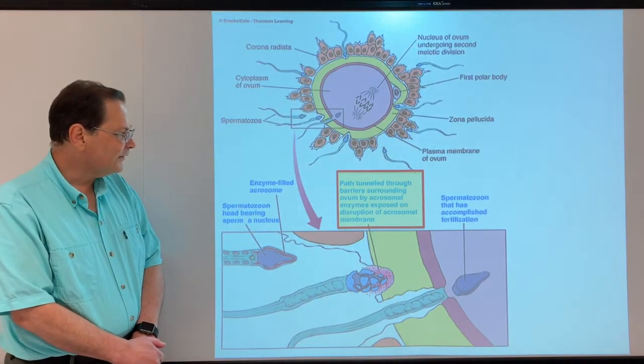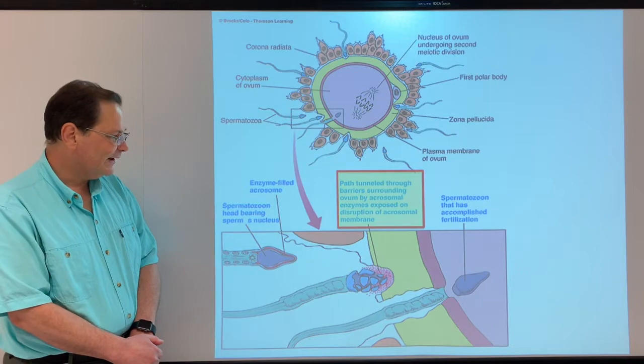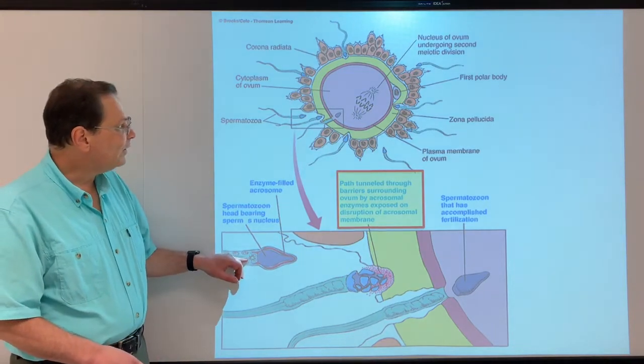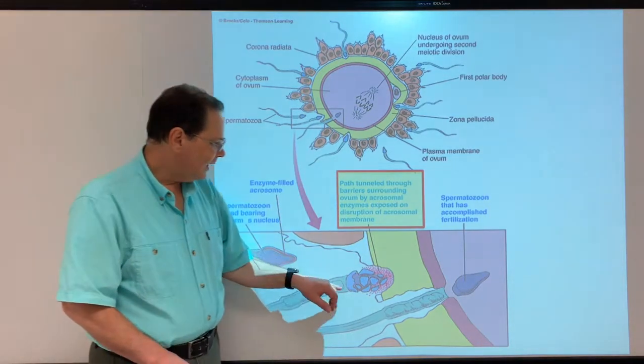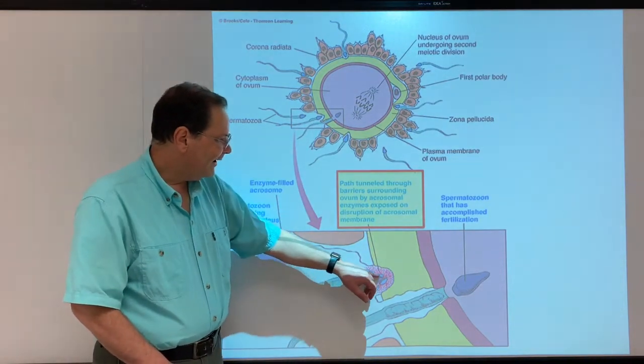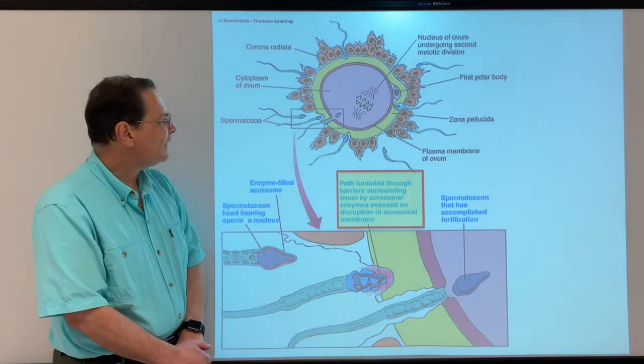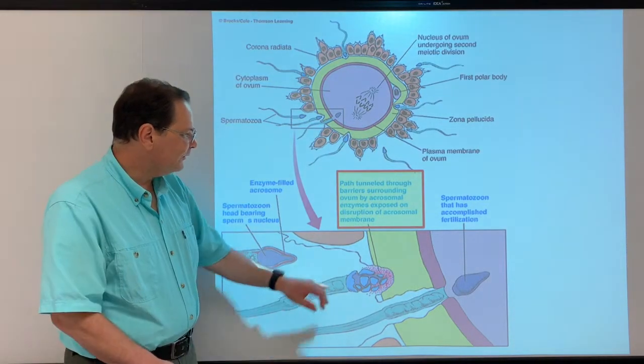So the process of fertilization pretty much goes something like this. You have your sperm. It weaves its way through the corona radiata, and it makes it to the zona pellucida.